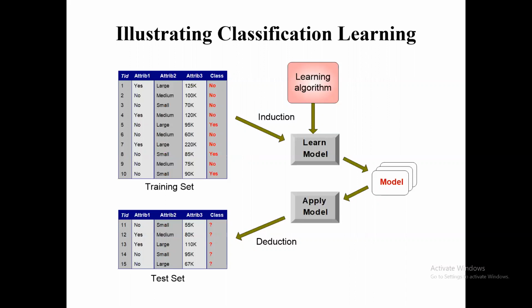So using a learning algorithm and the training set, a model is learned at first, and this model is then applied on the unseen examples in the test set to measure the quality or the accuracy of the learned model. As you can see in the test set, the class of each of the examples are unknown, noted with a question mark, right?